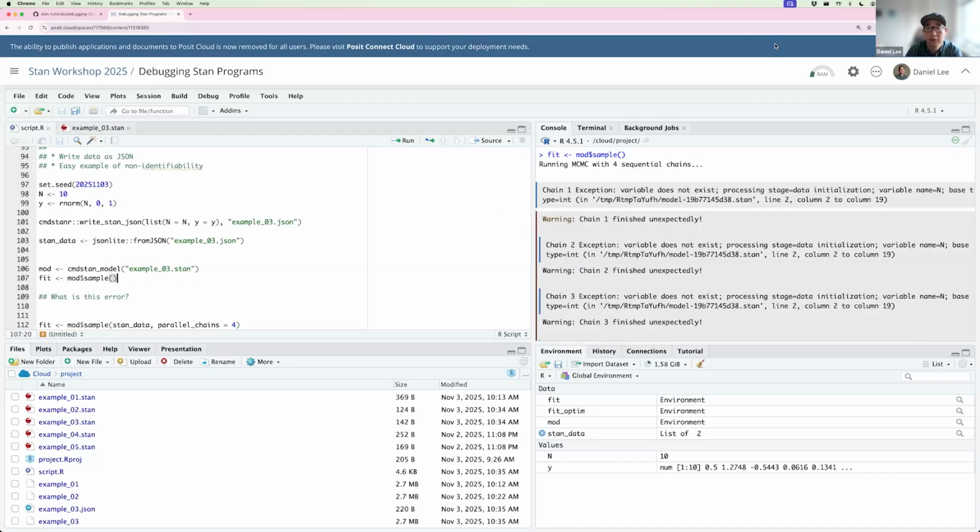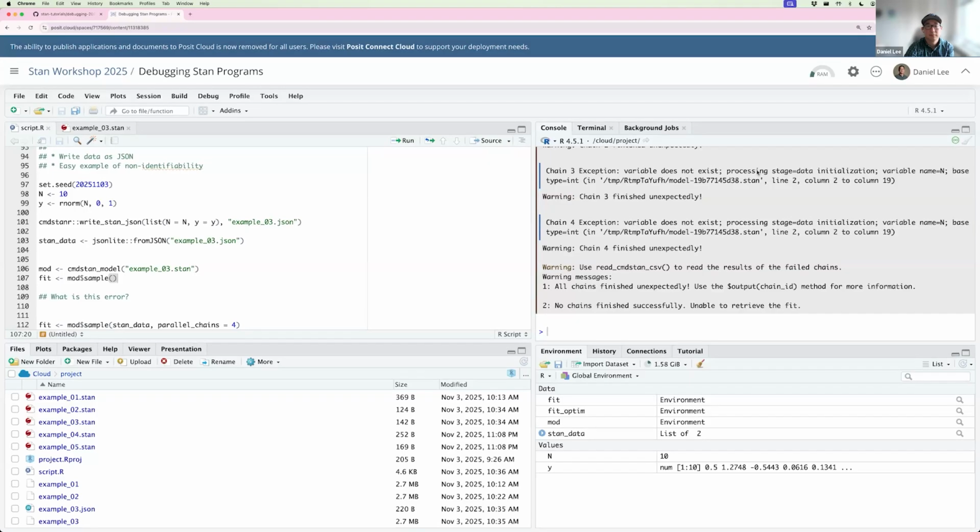All right, I ran it. Josh, you have a question? Whenever you're back on, just go ahead and shout the question. If you see this type of error, it says variable does not exist, processing stage, data initialization, and the variable name is n. So it's telling you that I didn't pass in data, right? That's what this means.